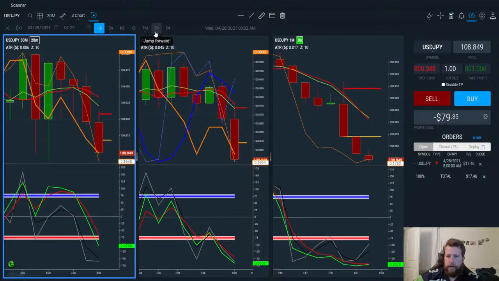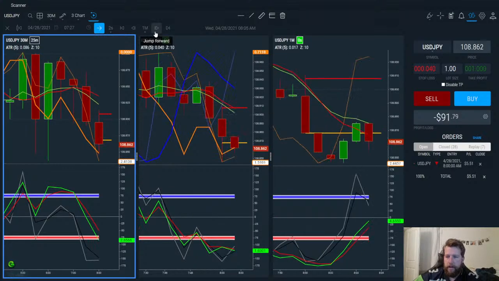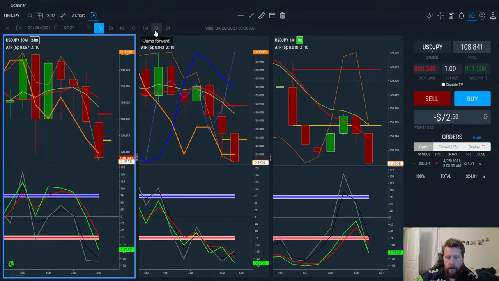I think this one could be one that we let go for a little bit. This will be a good confirmation here if we can get a lower low, which we do. Big gray dagger, that's good.